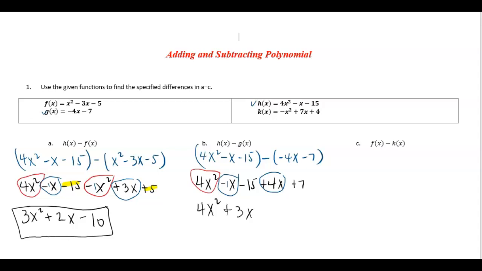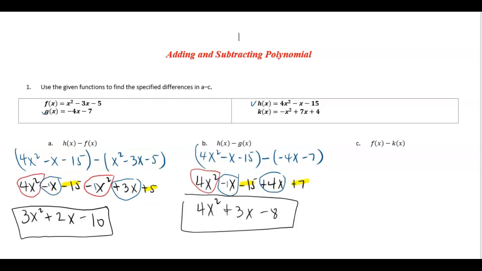And then we got the numbers, of course, the constant term, negative 15 and positive 7. So negative 15 plus 7 is negative 8. So we got negative 8 here. So that is your answer.